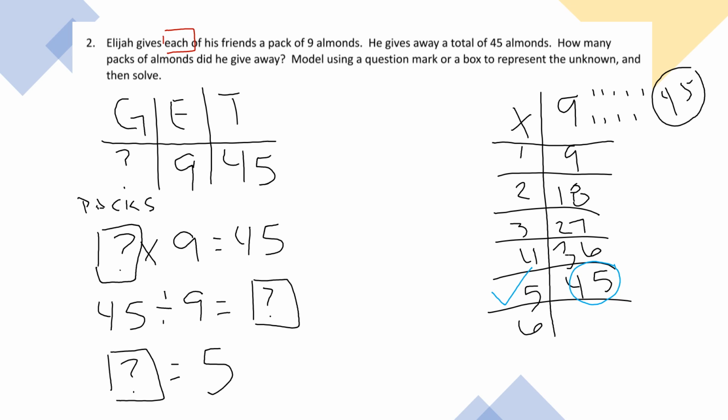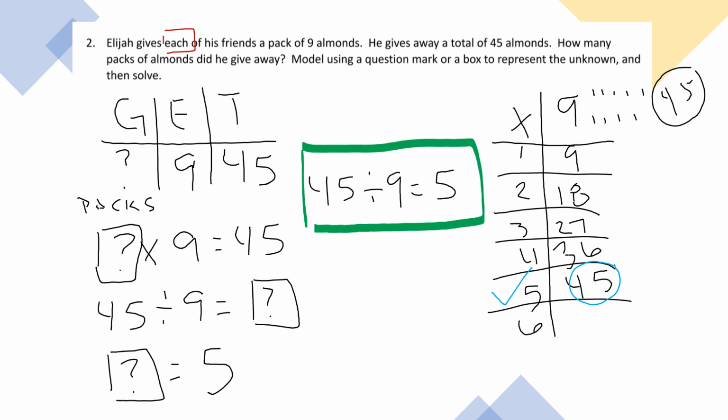My unknown is 5. 45 divided by 9 is 5. So he gave away 5 packs of almonds.